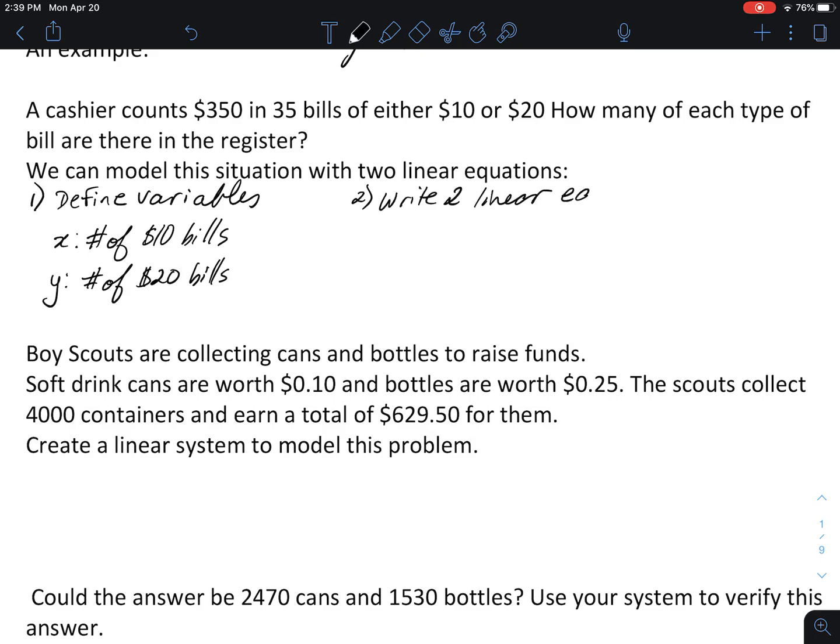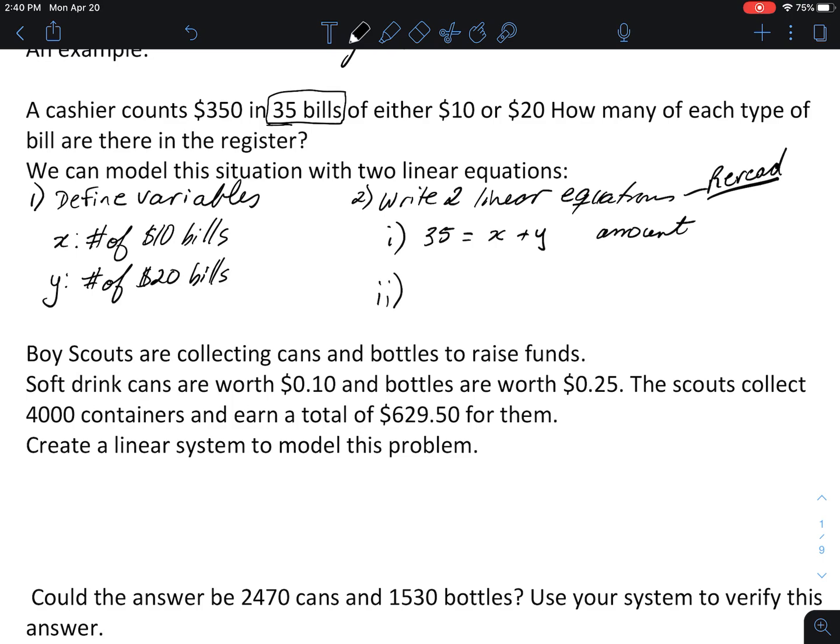And now, secondly, I want to write two linear equations. So now I go back and I'm going to reread the problem and decide how am I going to write those two equations. So if I look just at this piece of information, I have 35 bills. So that tells me that 35 is the number of $10 bills plus the number of 20s.